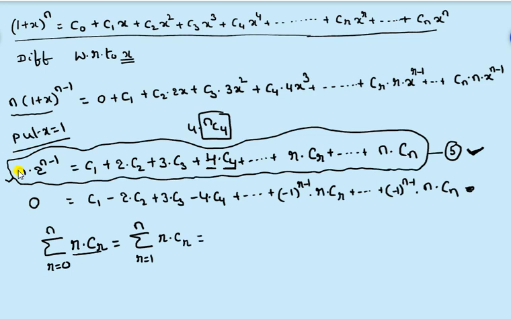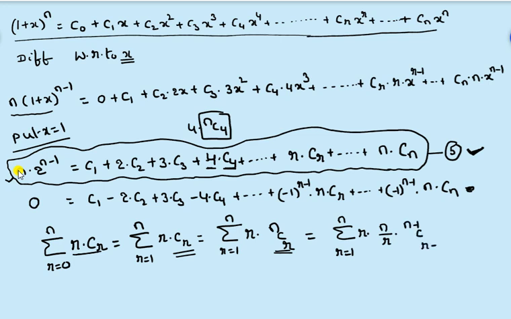We can write this one as, observe here, summation r is equal to 1 to n, r into nCr. Yes or no? Because Cr only we wrote in the short form. Now this is nCr, and again this can be further written as sigma r is equal to 1 to n, r into nCr, which can be written as n by r into n minus 1 C r minus 1. r cancels.